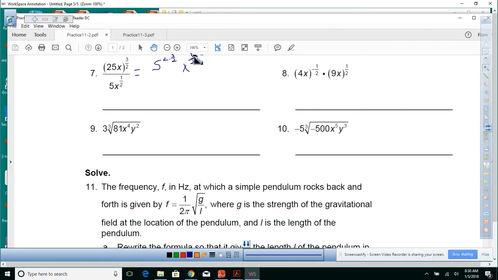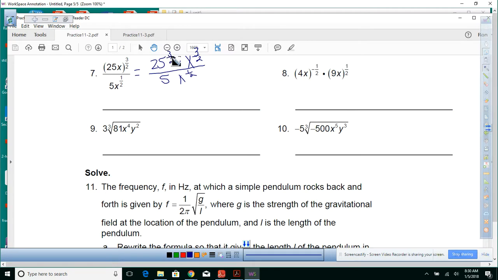And let's see here. I'm doing too many steps at once. Let's distribute 25 to the 3/2 times x to the 3/2 over 5, and then x to the 1/2.